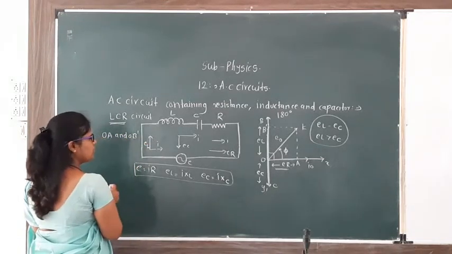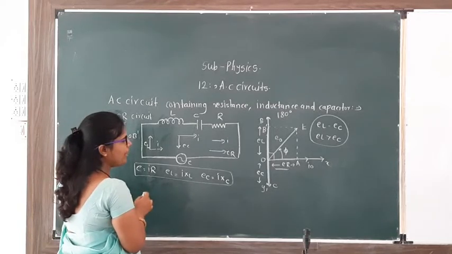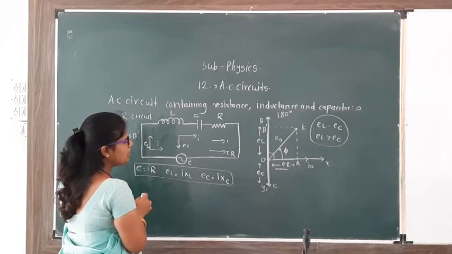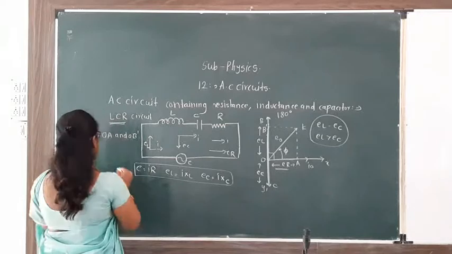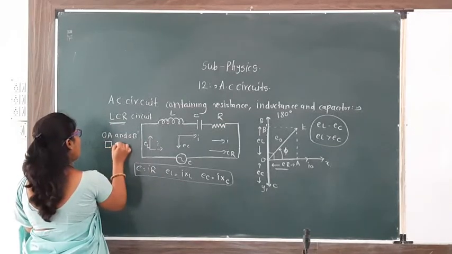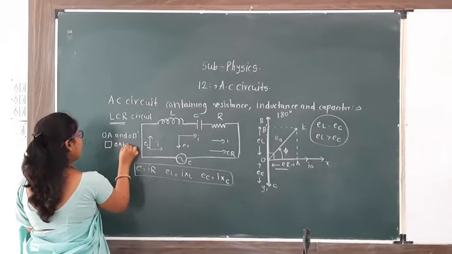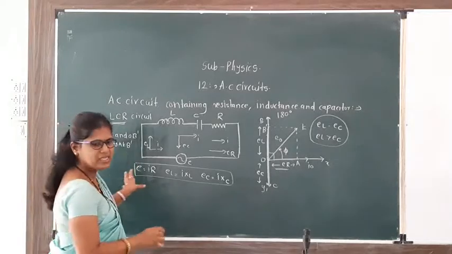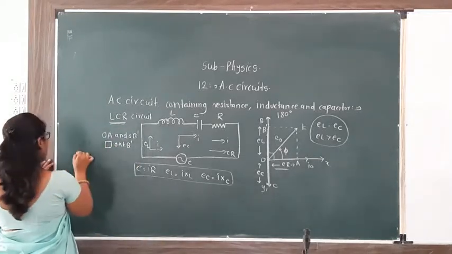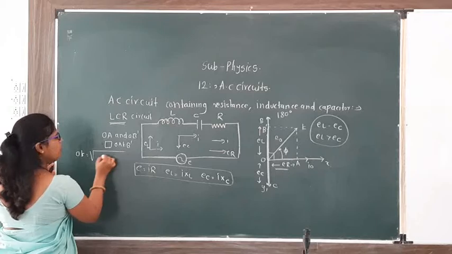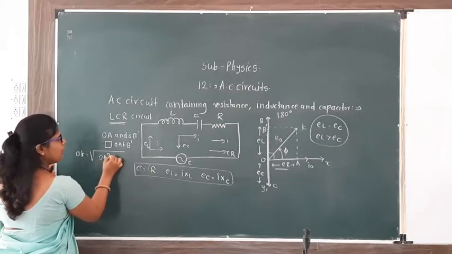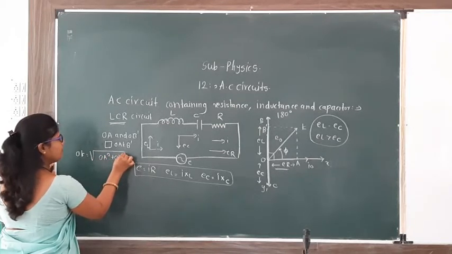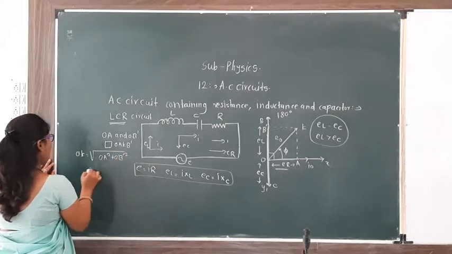OK is the diagonal, so we have to consider the parallelogram OAKB dash. Therefore OK is equal to the square root of OA square plus OB dash square.